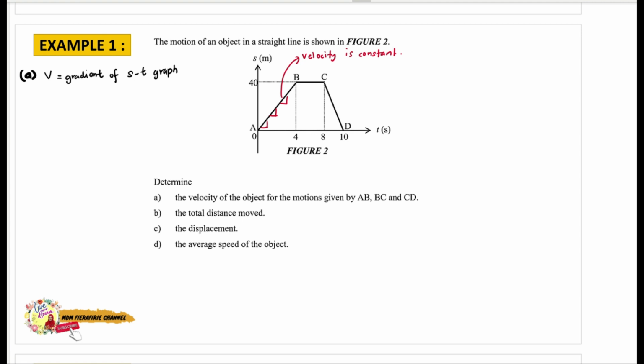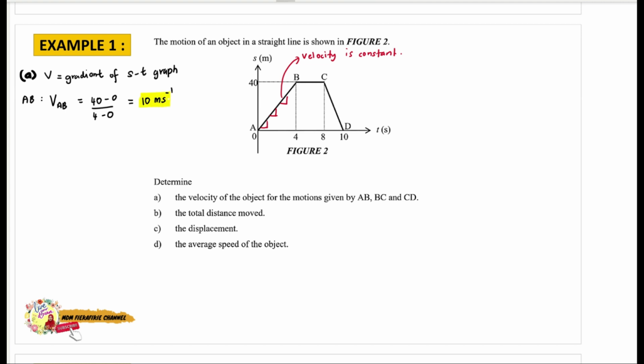So V_AB is equal to, the displacement at point B is 40, final minus initial. So 40 minus 0 over 4 minus 0, and the answer is 10 meter per second. This is the answer for AB.